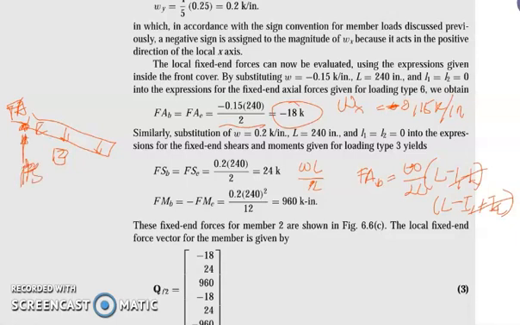For the shear force that is acting in the vertical direction, that is W sub y, which we have computed to be 0.2. So 0.2 times 240 all over 2, we get a value of 24 kips, that is the shear force at the beginning and at the end of the member.